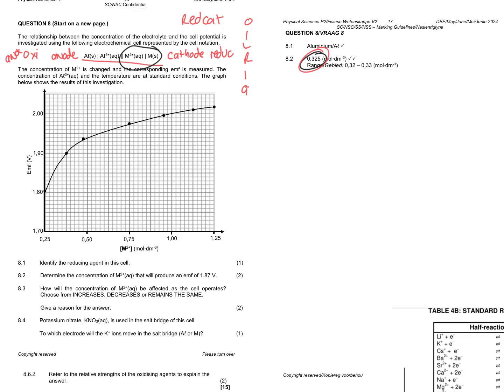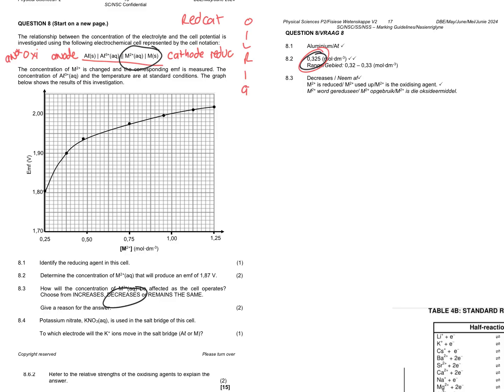So that means that M2+ is getting reduced to form M, which means that the concentration of M2+ is decreasing. So there we go. M2+ is reduced, M2+ is used up, M2+ is the oxidizing agent. Oxidizing agent means that it gets reduced. The oxidizing agent gets reduced, the oxidizing agent makes the other thing get oxidized.